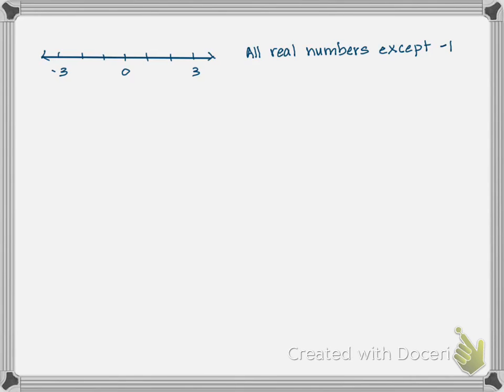So the entire number line is the set of all real numbers, and I want to exclude just one value from that. So we could use an open point here to say that -1 is not in my set. And I want all the real numbers that are less than -1. Notice that I didn't start at -2 because I want to get infinitely close to -1. I just don't actually want to be equal to -1.